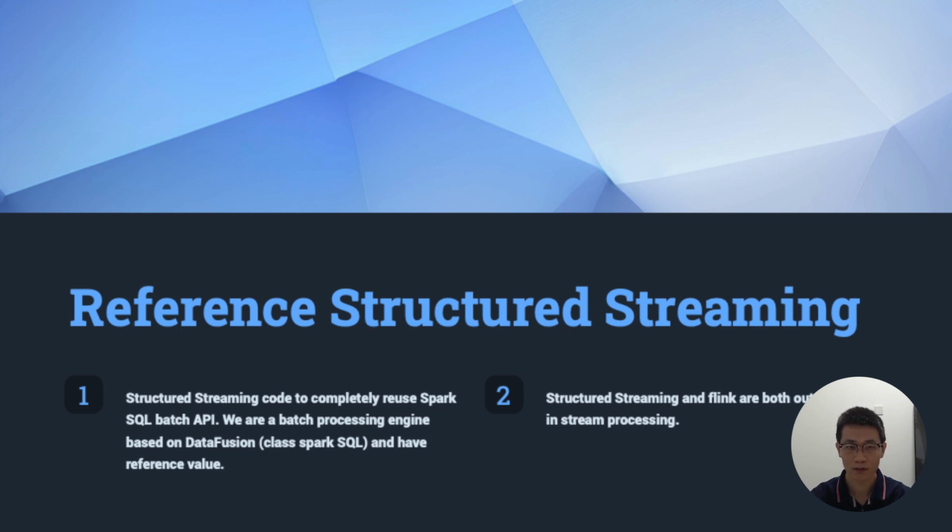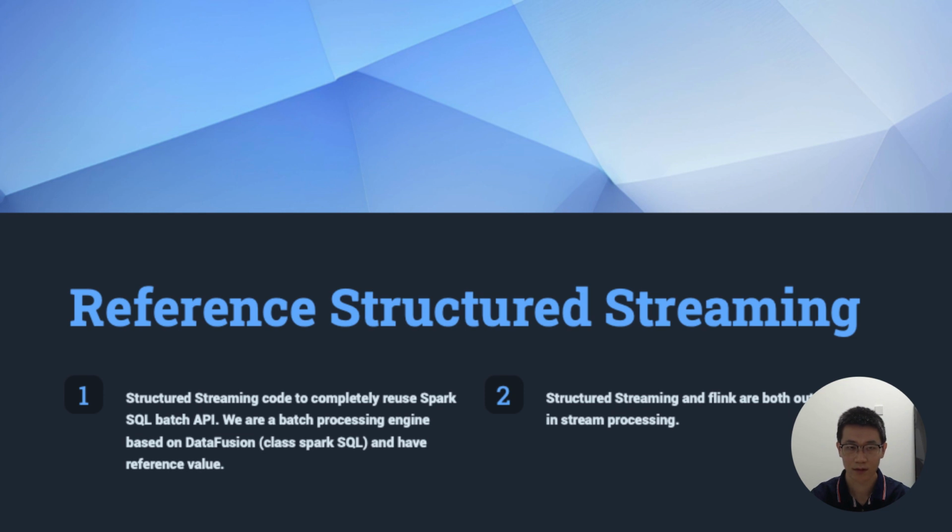Well, in the open source world, there are two popular stream processing engines. One is Spark's Structured Streaming, and the other is Flink. We have drawn inspiration from both of them. However, Structured Streaming essentially reuses Spark SQL's batch processing engine, so it's somewhat similar to our current requirements and use cases.